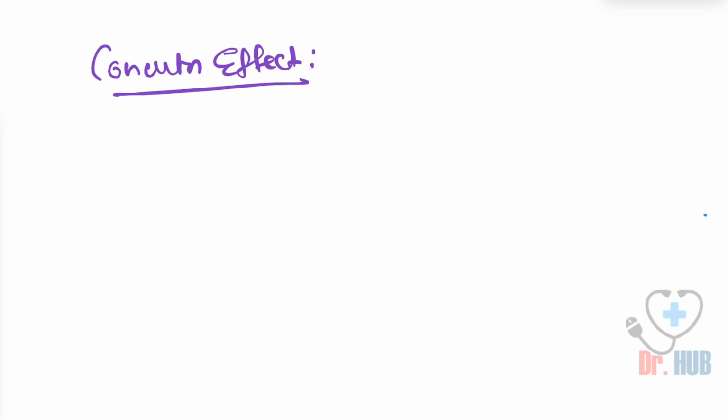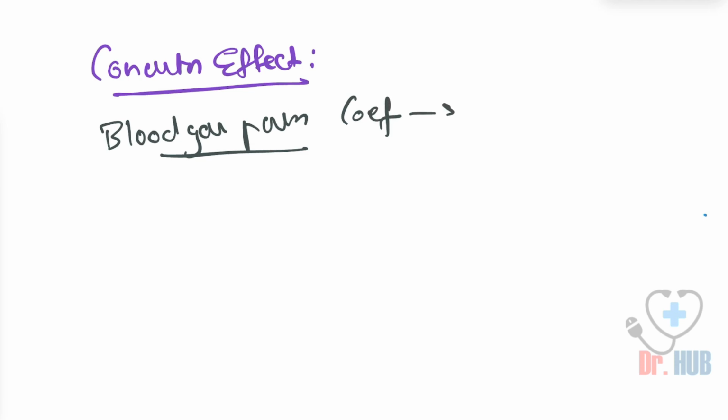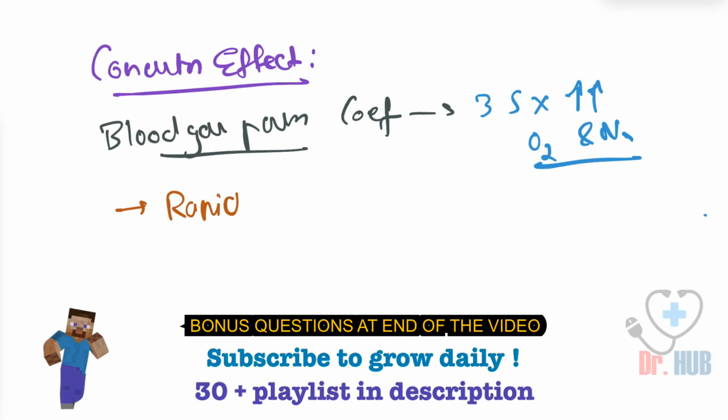What we need to know is that the blood gas partition coefficient of nitrous oxide is about 35 times higher than that of oxygen and nitrogen. So here what happens is there is rapid uptake.